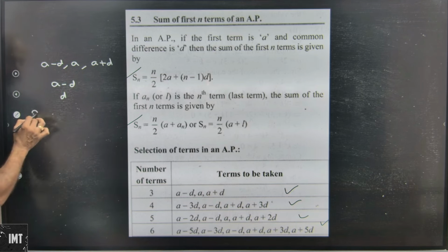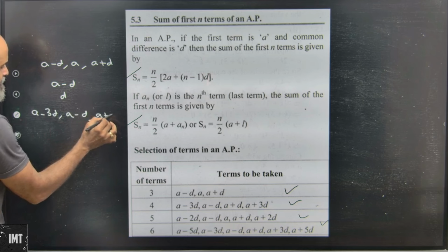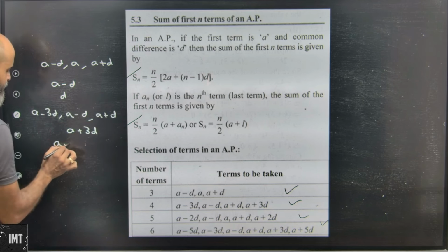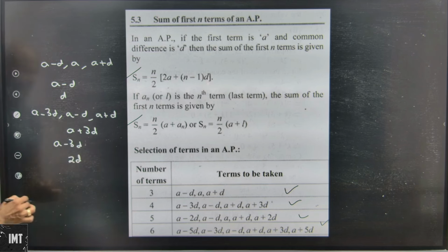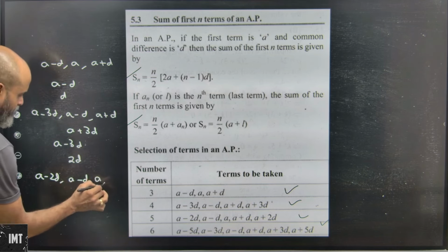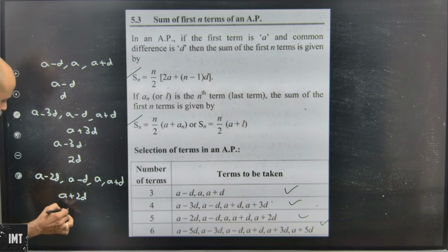If there are 4 terms, then it will be a - 3d, a - d, a + d, and a + 3d. So here obviously the first term is a - 3d and the common difference is 2d. If it is given as 5 terms, a - 2d, a - d, a, a + d, a + 2d. So if it is 5 terms, then the common difference is d.